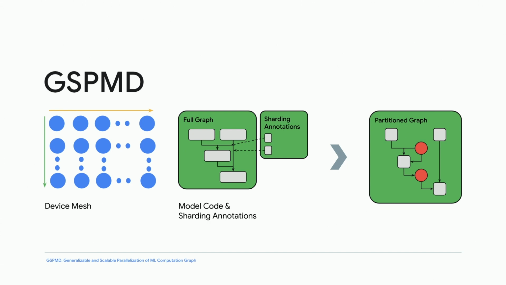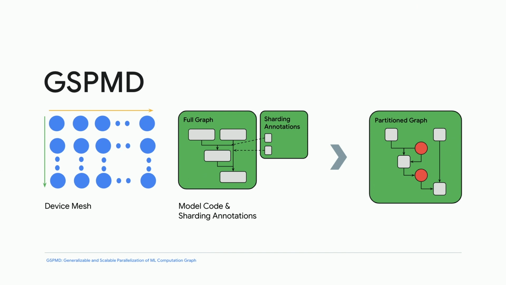The partitioner is then able to propagate the sharding configuration throughout the graph and create a partition graph which looks identical in shape but works with different partitions of data, weight, and activation tensors, and hence the name single program or single graph and multiple data.